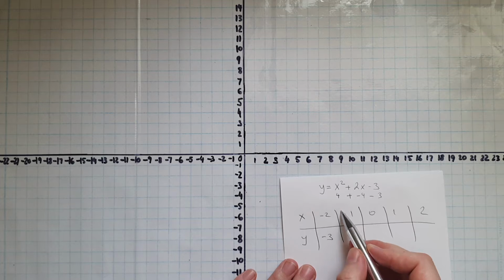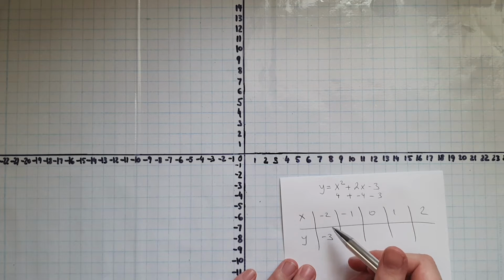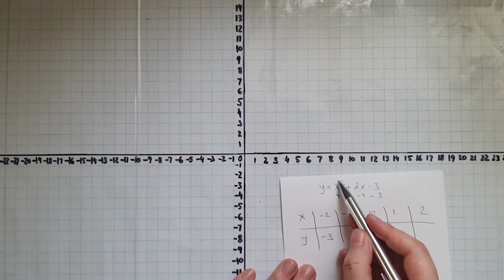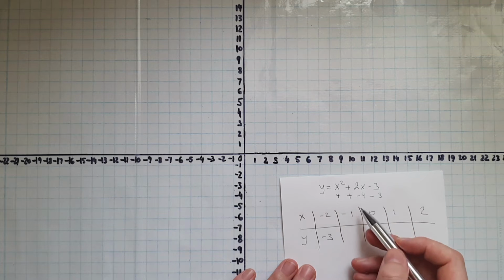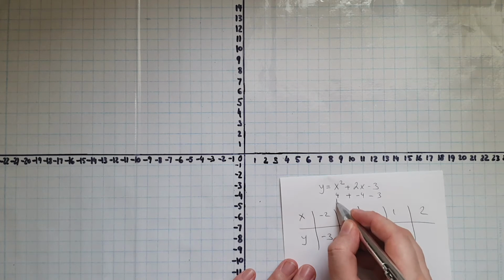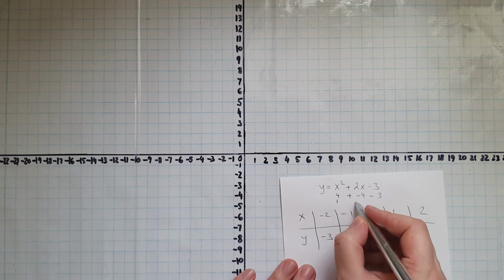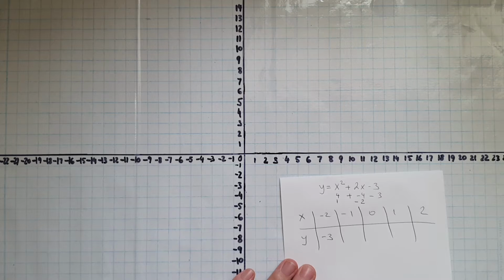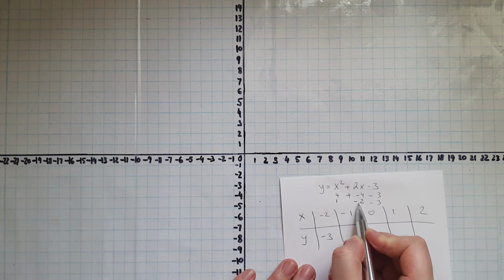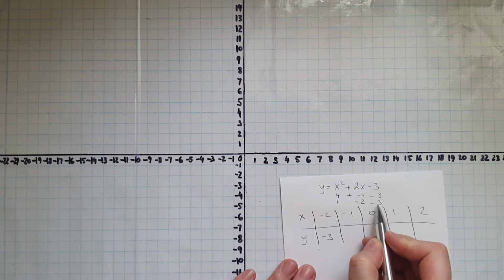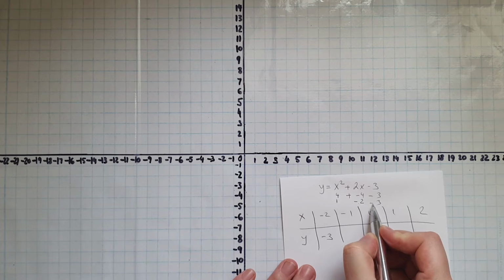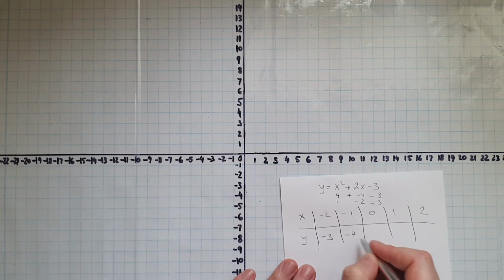When x is -1, we'll go -1 squared, which is 1, add 2 times -1 is -2, take away 3. So 1 take away 2 gives us -1, take away 3 gives us -4.